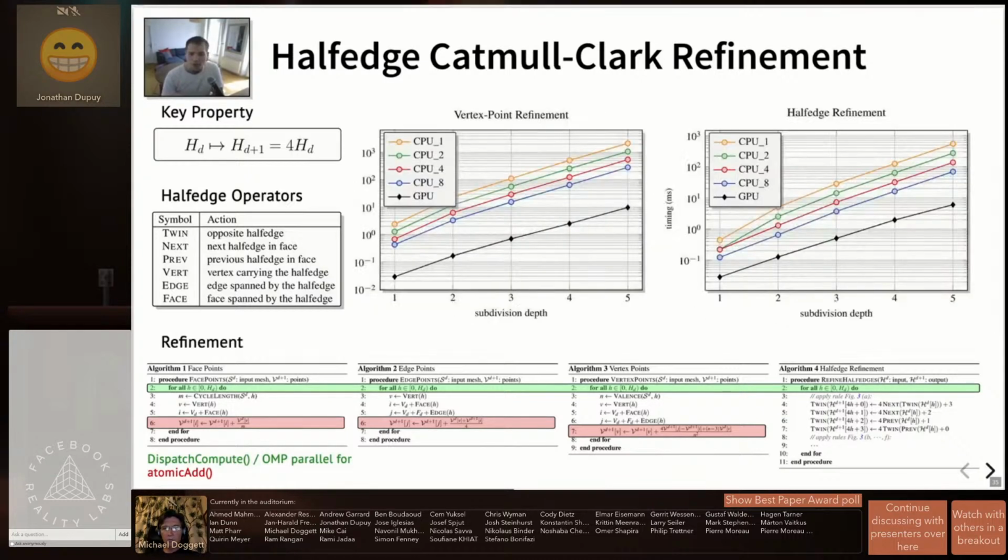And so with these implementations at hand, we started by benching the parallel performances of our algorithm. So we started with a single-threaded CPU and went all the way up to 8 threads on a Threadripper CPU. And we noticed that the vertex point here is the grouped algorithms 1, 2, 3, and the half-edge refinement is this one.